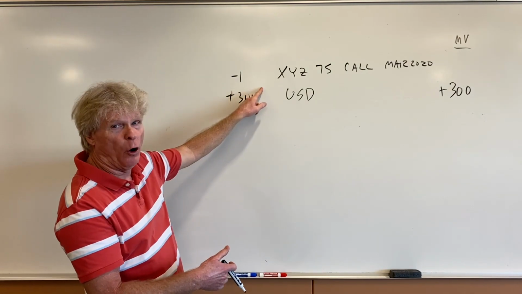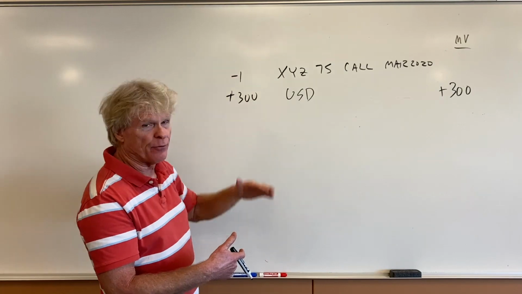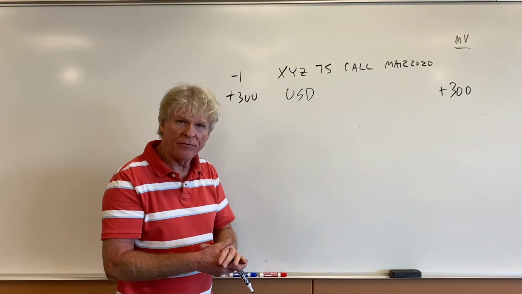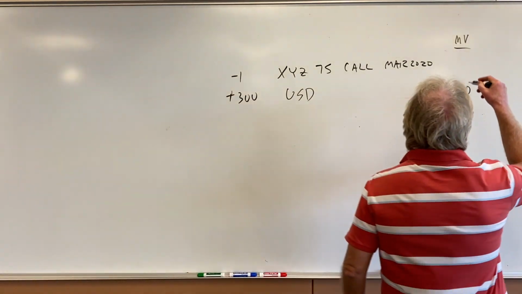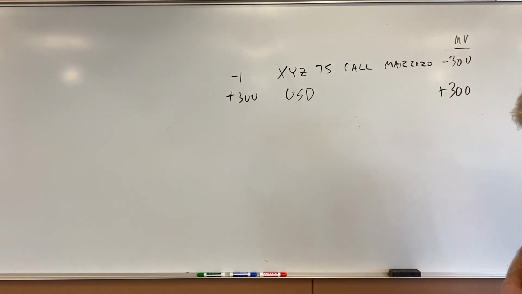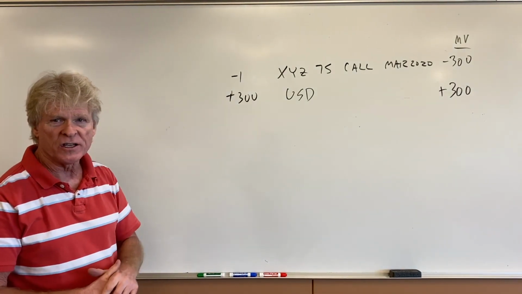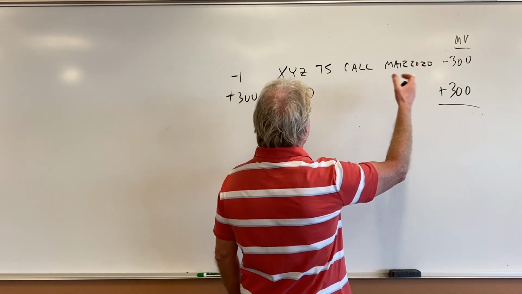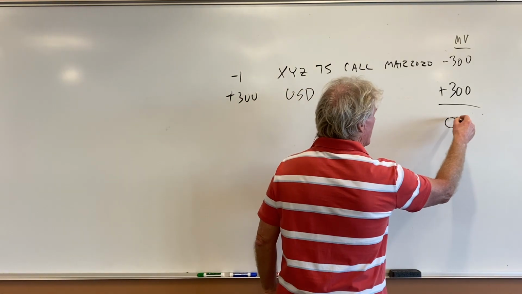I've already sold to open, received $300 cash because it had a price of $300. But if I wanted to immediately close it, we'll assume I have to pay $300. And that means the market value is not $300, but rather minus $300. In other words, the market value of short positions always has a minus sign. And then you can see that in this case, the sum of my assets is 0.